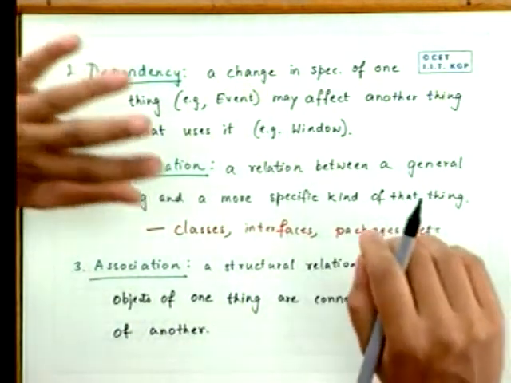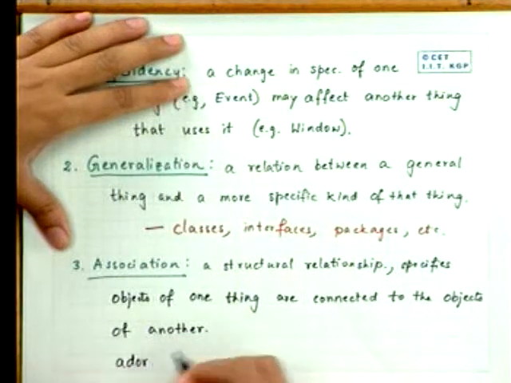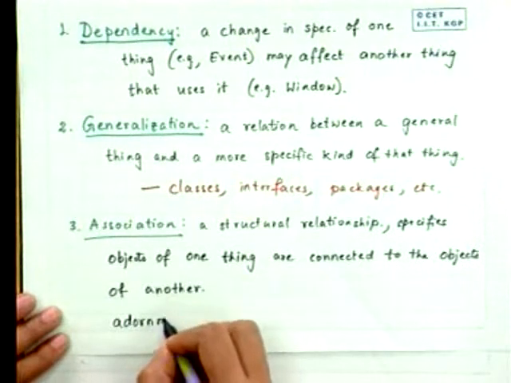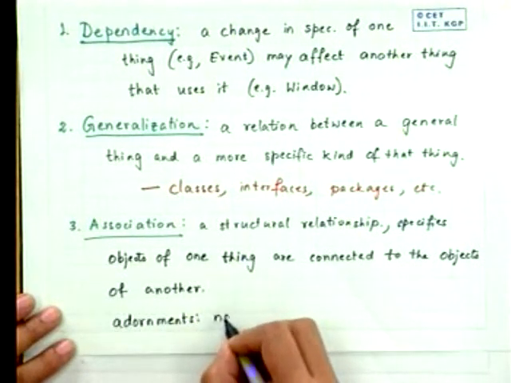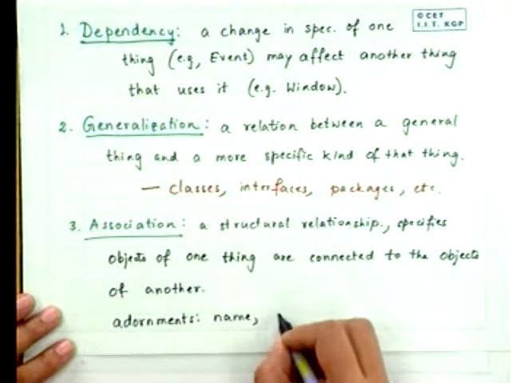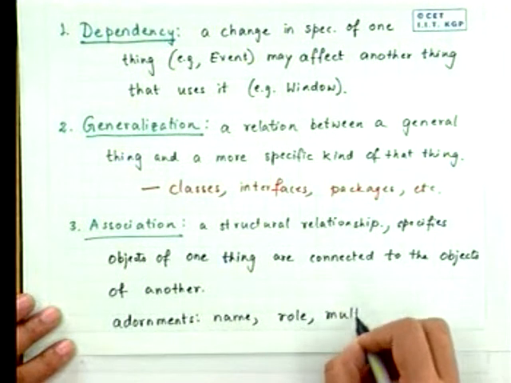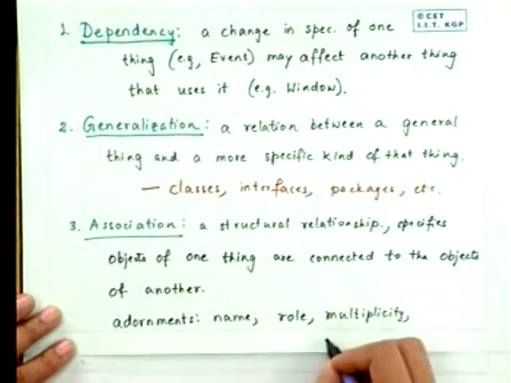And there are 4 adornments that apply to associations. These adornments are name, role, multiplicity, and aggregation.